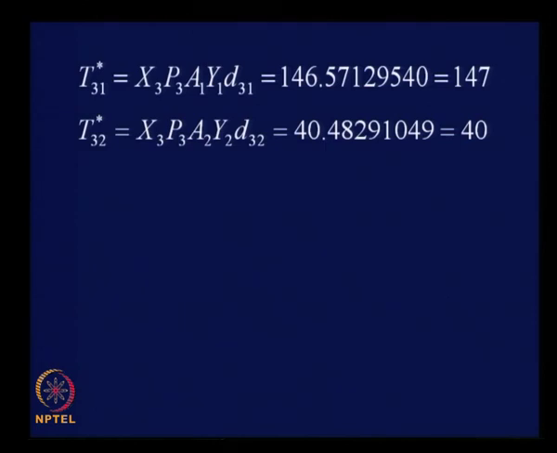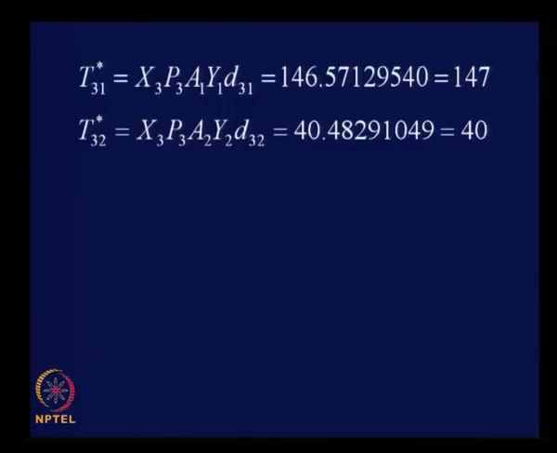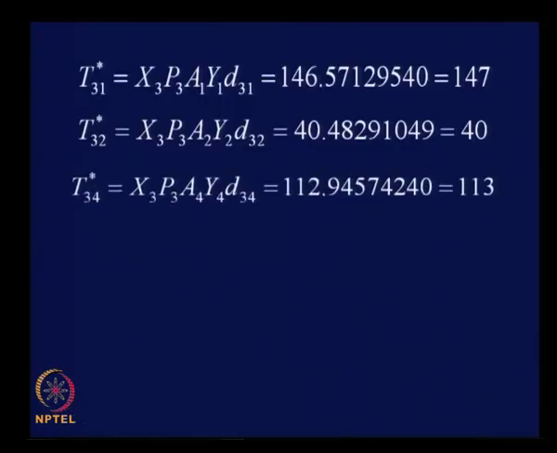You may ask me why not 41, okay. You must take an overview, look at the other numbers and check whether our rounding up procedure in this case is right or wrong, okay. T star 34, 112.9457 can be obviously rounded off to 113.